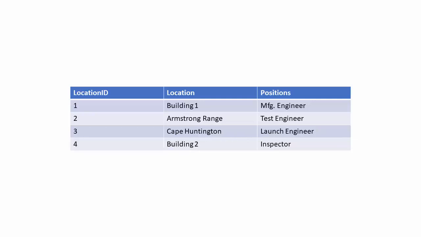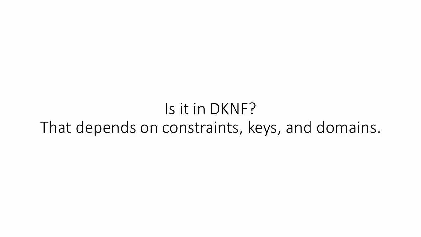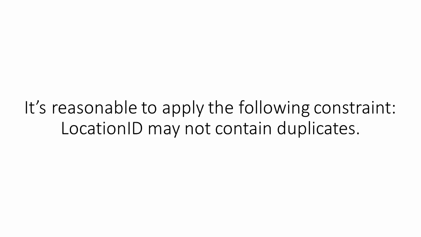Let's look at the location table that we talked about in the previous segment. Is it in DKNF? That depends on constraints, keys, and domains. It is reasonable to apply the following constraint. The location ID attribute may not contain any duplicates.